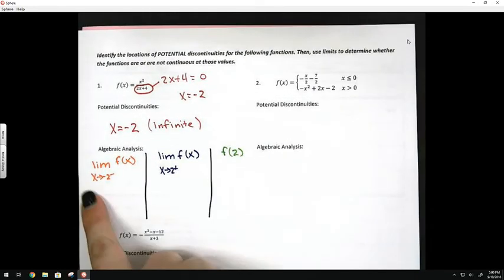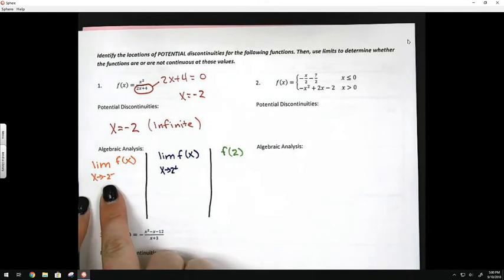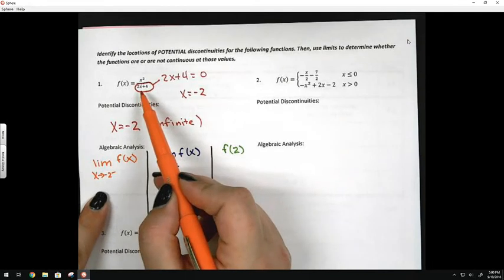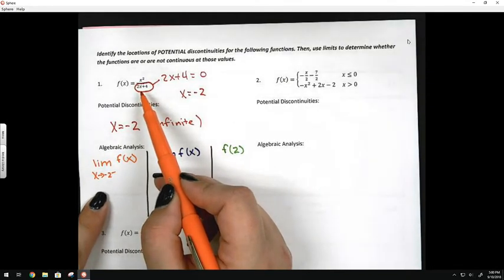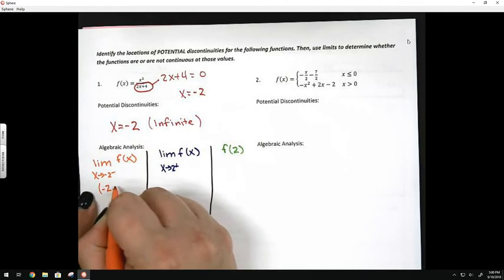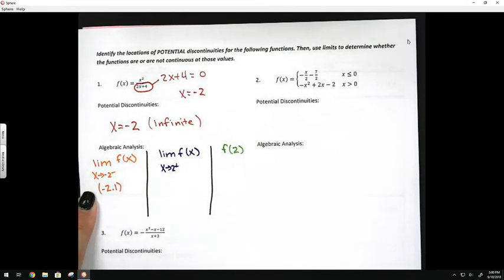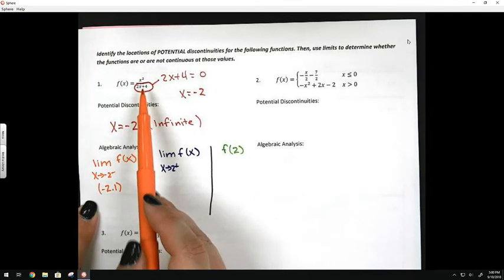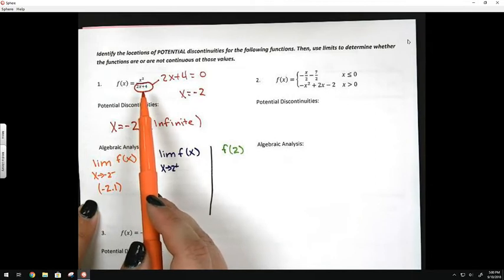So the limit as x approaches -2 from the left means that we want to approach something from the left of -2, so we can kind of think of like -2.1 or something like that, right? Well, if we were to plug that in, then we'd have -2.1 squared over 2 times -2.1 plus 4.